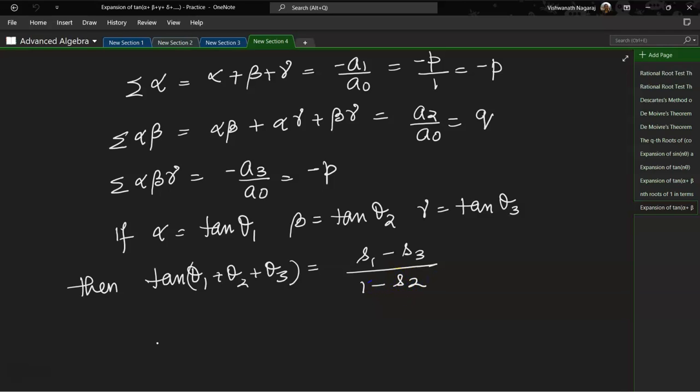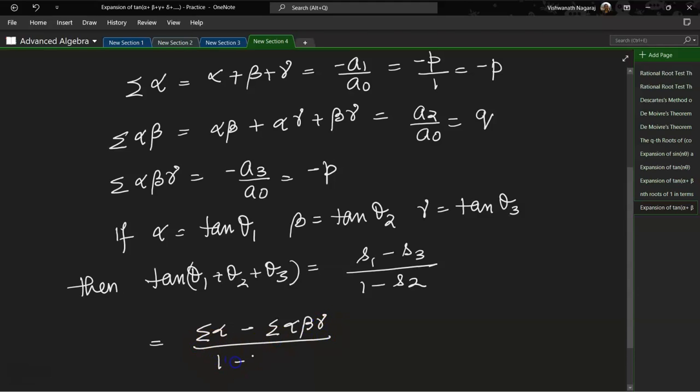Okay. Now this would be equal to what? S1 is going to be summation of alpha minus summation of alpha beta gamma divided by 1 minus S2, which is summation of alpha beta. Now summation of alpha is what?